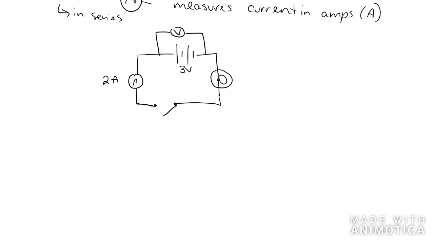Well, our relationship is V equals IR. So the voltage in the circuit is equal to the current, I is current, times the resistance.